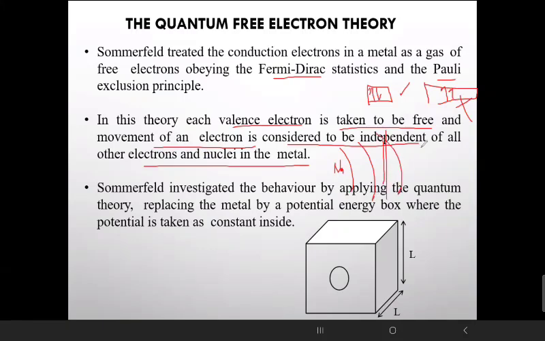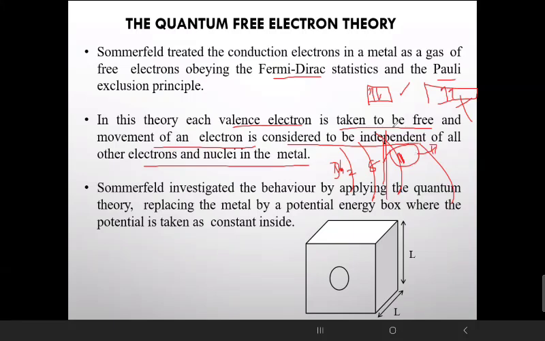The first shell contains 2 electrons, the second shell contains 8 electrons, and the last shell contains 1 electron. This electron is the valence electron because it is very far away from the nucleus. It easily escapes from the bonding with the nucleus. So that electron is known as the valence electron.